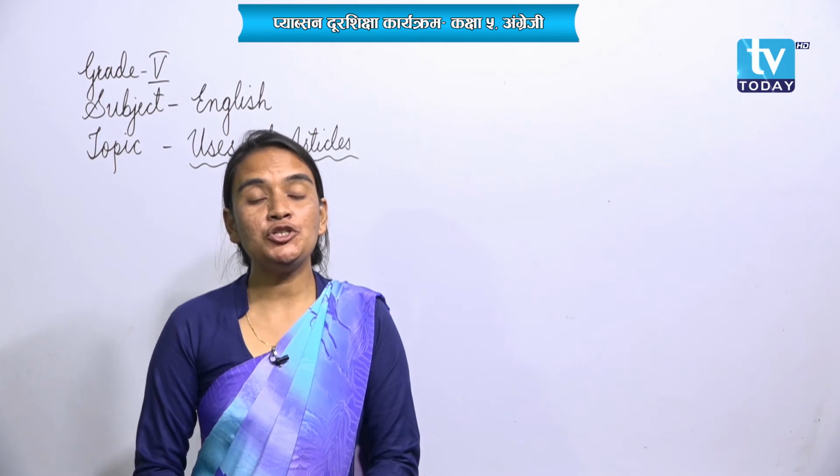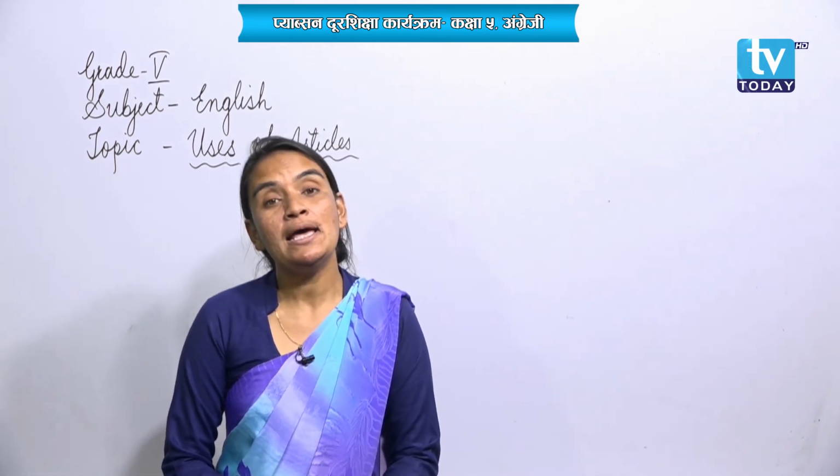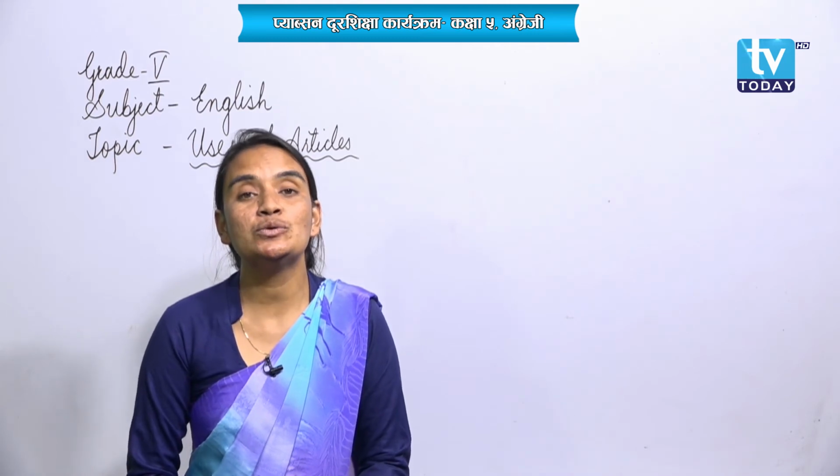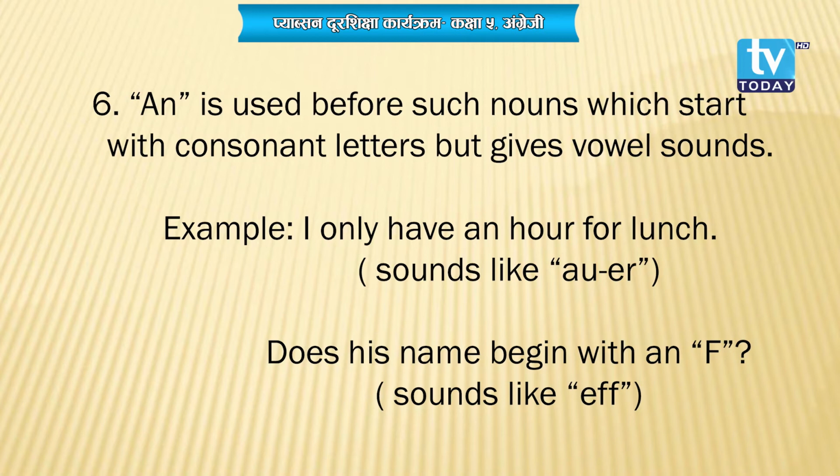If it is fine for all the children, now we are going to the next rule for the use of a or an. Let us go to rule number 6, just the opposite of rule number 5. In rule number 5, we talked about the consonant sound with an initial vowel letter.